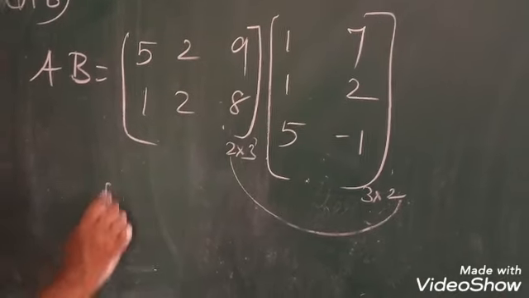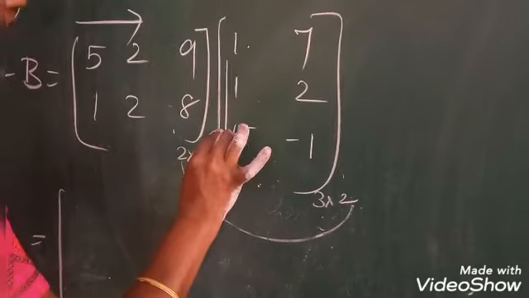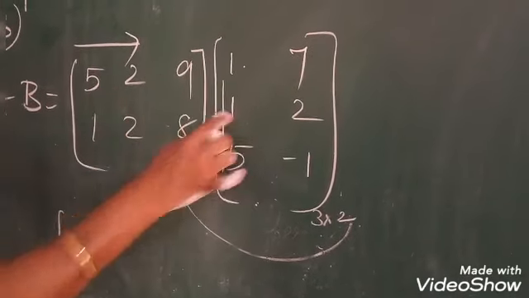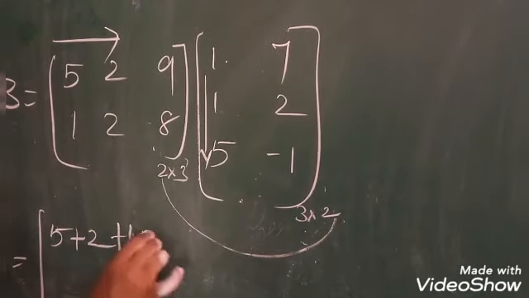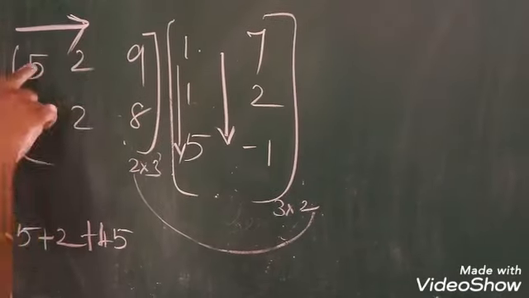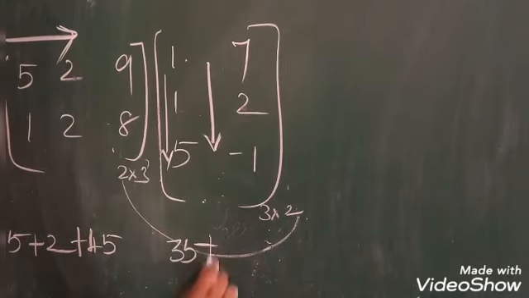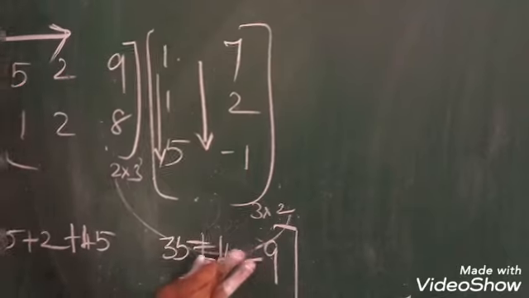Okay. Now you should multiply first row, first column. Girls, see: 5 into 1, 5; 2 into 1, 2; then 9 into 5. This is for the first element. Then first row, second column: 5 into 7, 2 into 2, then 9 into minus 1.